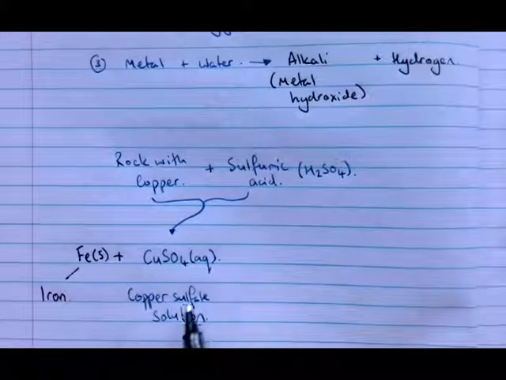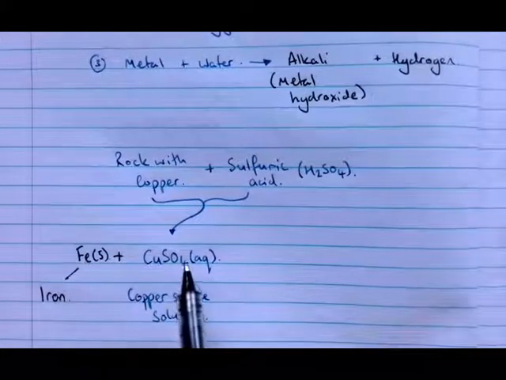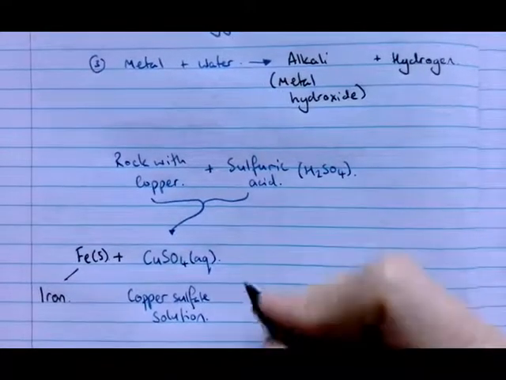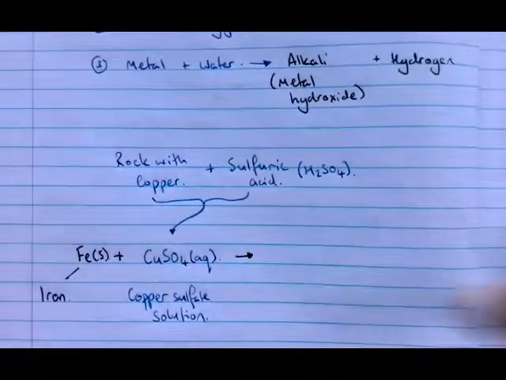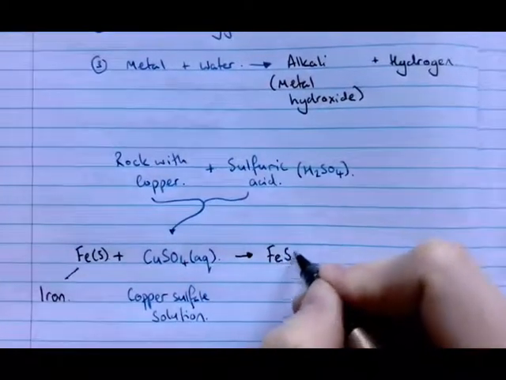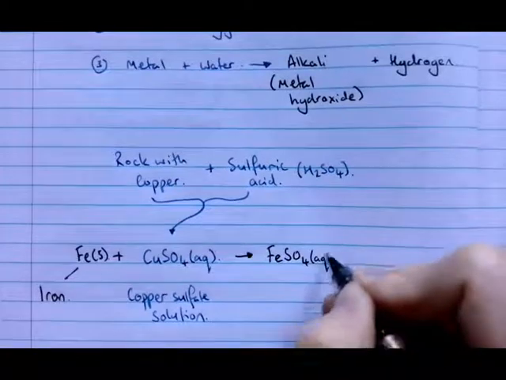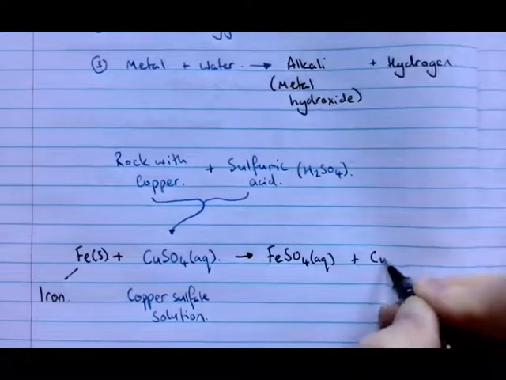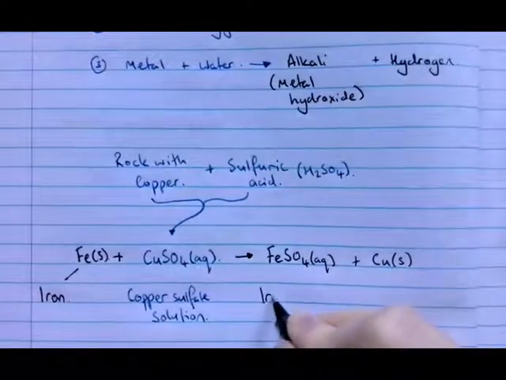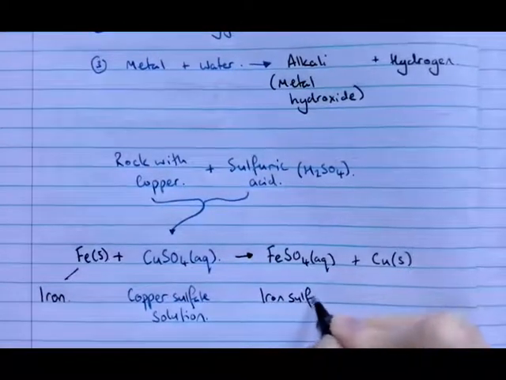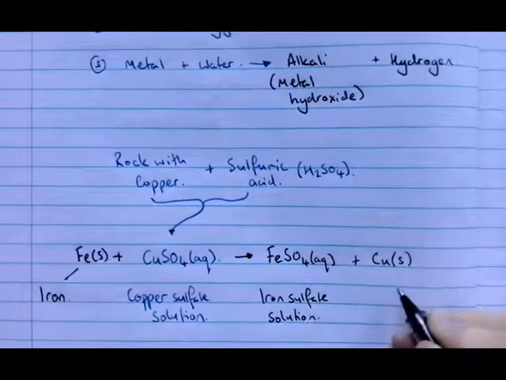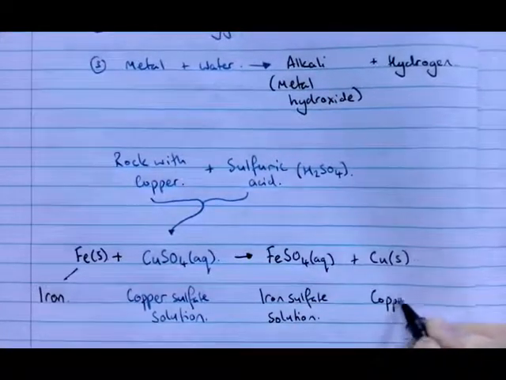Remember, this will be a liquid, so I put my solid metal into my liquid copper sulfate solution, and then what happens is I end up with iron sulfate solution plus copper metal. So this is iron sulfate solution, and then this is the copper metal that I wanted to get.